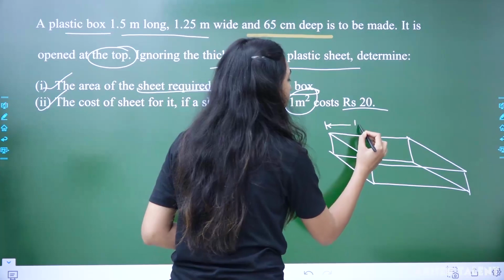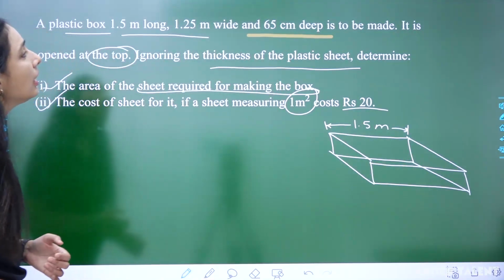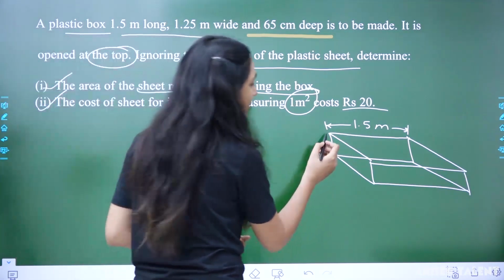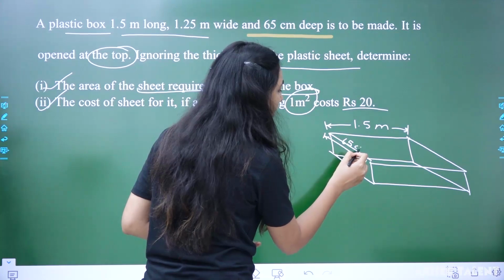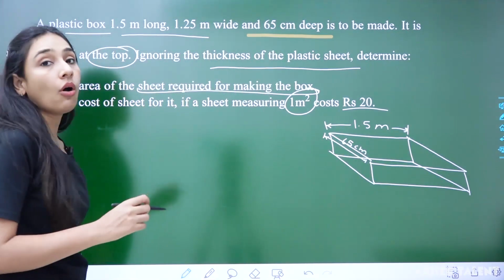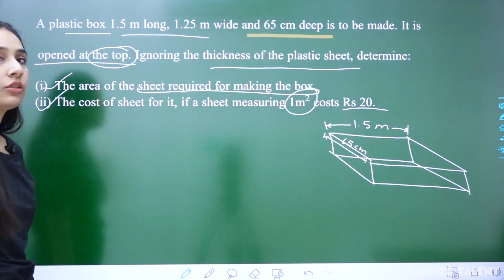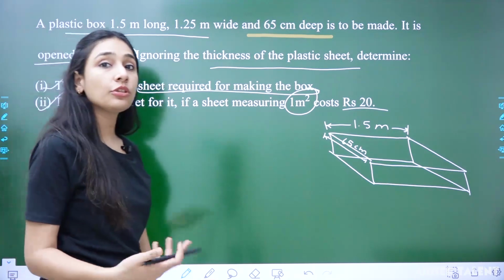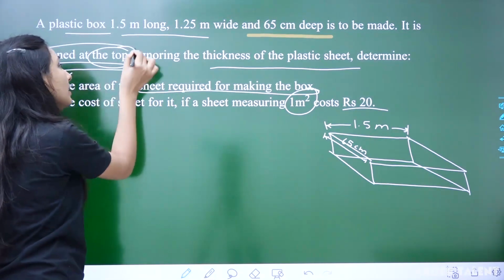So 1.5 meter is this dimension, and then it is 65 centimeter deep, and then it is open at the top. Now I have also underlined this thing, open at the top. Why? Because that is going to be helpful in finding the value. We have to do something with that.